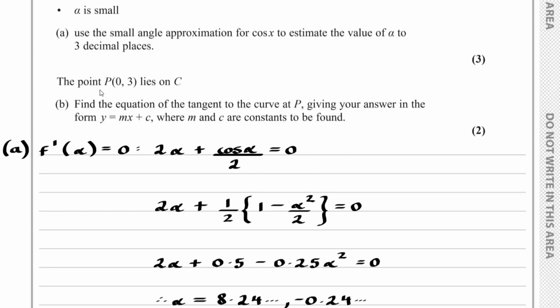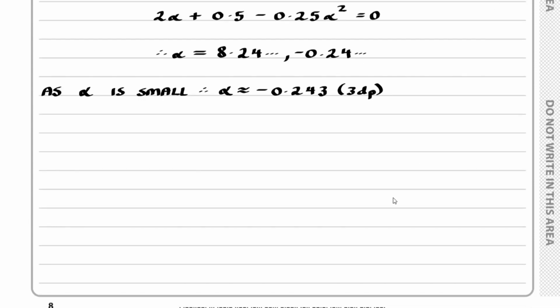Part B. The point P with coordinates 0, 3 lies on C. We have to find the equation of the tangent to the curve at P, giving an answer in the form y equals mx plus c, where m and c are constants to be found. So, for part B, we have the point P with coordinates 0, 3.